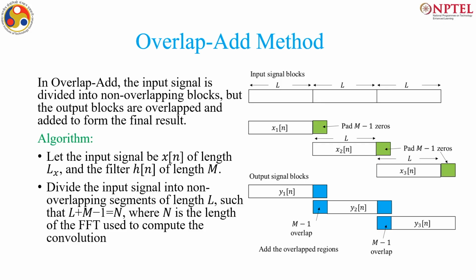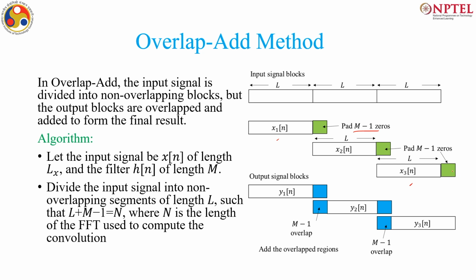What about the next method, overlap add? So, here we are not overlapping anything from the input side. So, we will just take L size blocks as x1, x2, x3, but with L I cannot perform n point circular convolution or n point DFT. So, I have to pad m minus 1 zeros at the end.